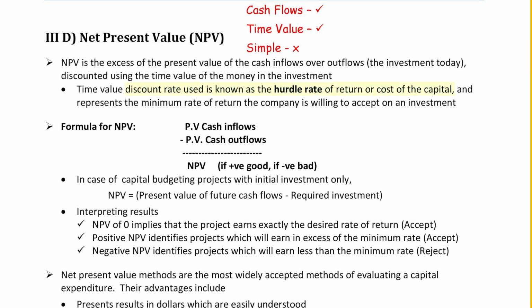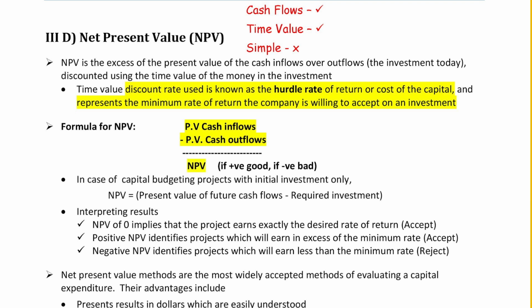The discount rate used is known as the hurdle rate of return or cost of capital, and this represents the minimum rate of return the company is willing to accept on an investment. So the formula for NPV: present value of cash inflows minus present value of cash outflows gives us NPV.